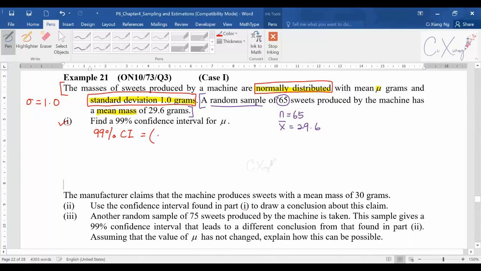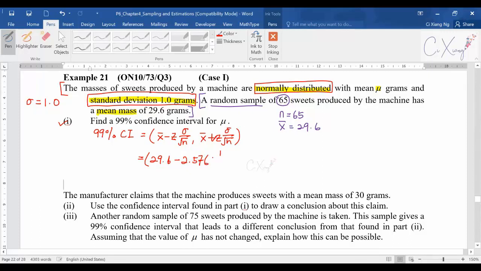So what's the formula? Sample mean minus z times sigma over square root n, and then sample mean plus z times sigma over square root n. So you just put in all the values very easily. 29.6 minus the z. In this case, if you didn't make any careless mistake, your z should be 2.576.